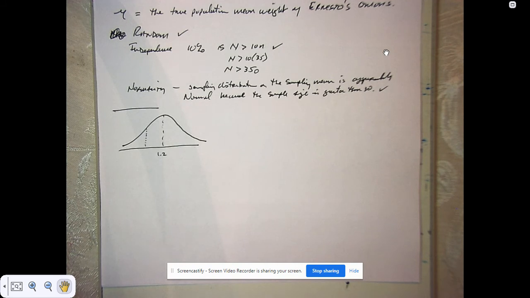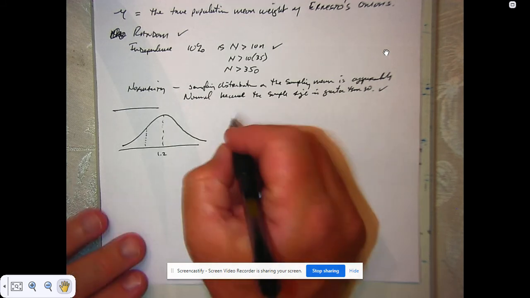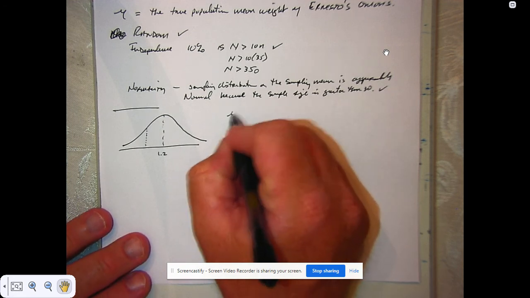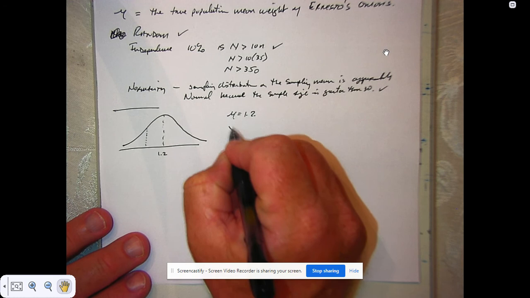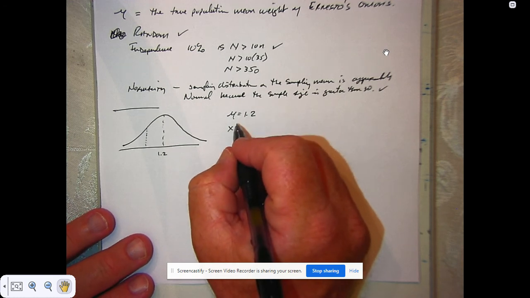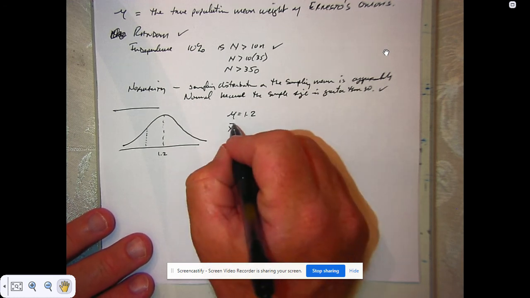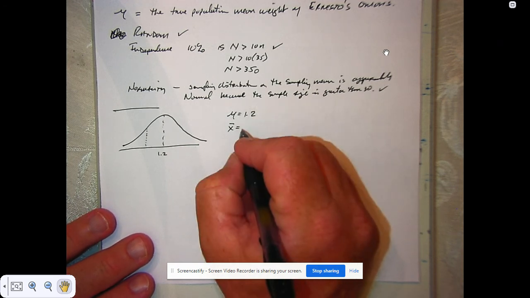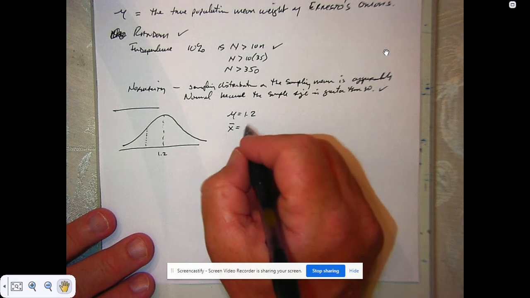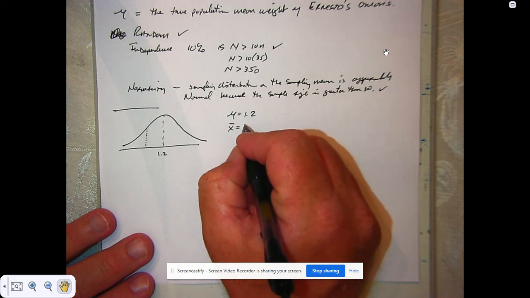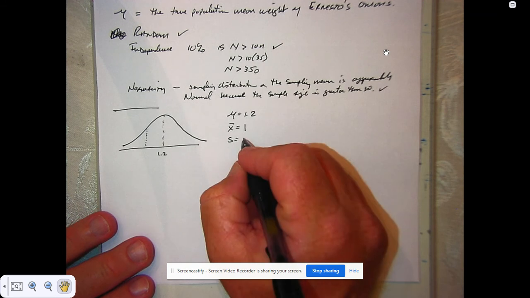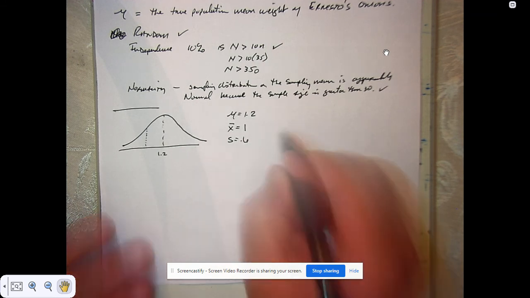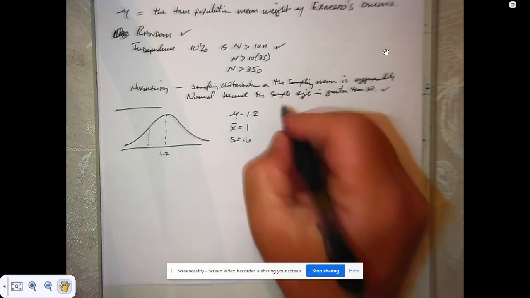We have to do the standard deviation of the sampling distribution, so that's not necessarily the case. So let's go through here and figure some things out. The mu we're looking at is 1.2. The sample standard deviation was 0.6.